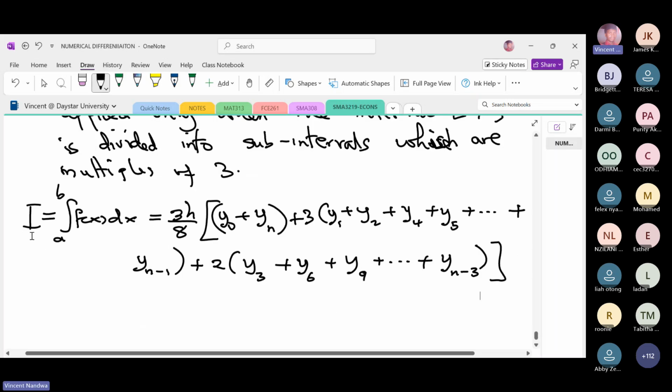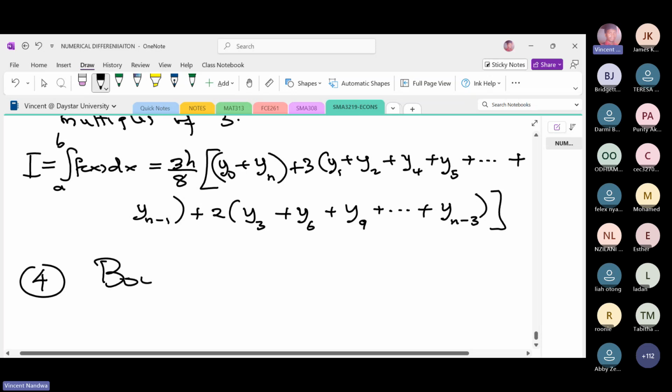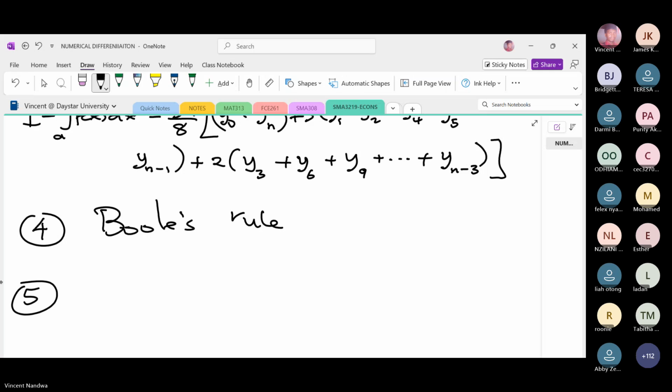Then please also check there's what we call number 4, Boole's rule. Take the formula from the textbook. And then there's also what we call Weddle's rule.